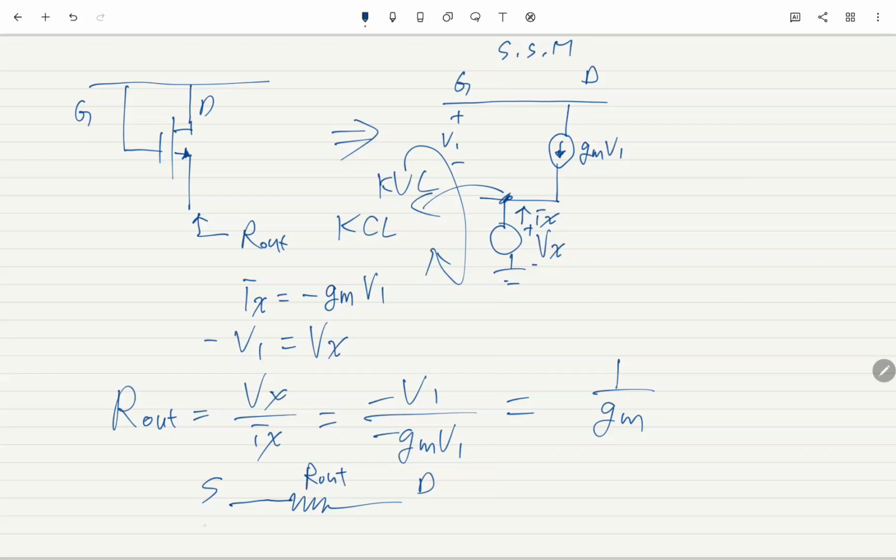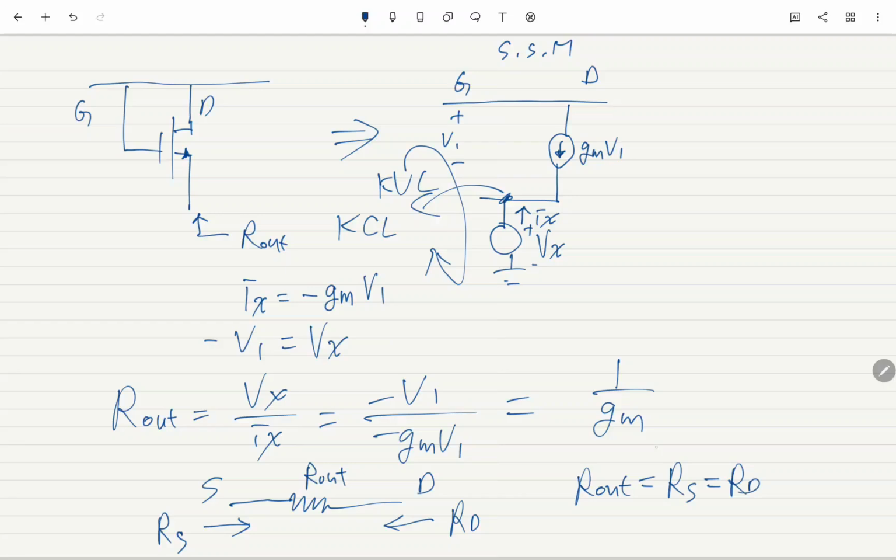The impedance seen from the source side has to be equal to the impedance seen from the drain side. Understood? So R out is equal to RS, equal to RD. No matter where you look, you get the same impedance for a diode connected load.